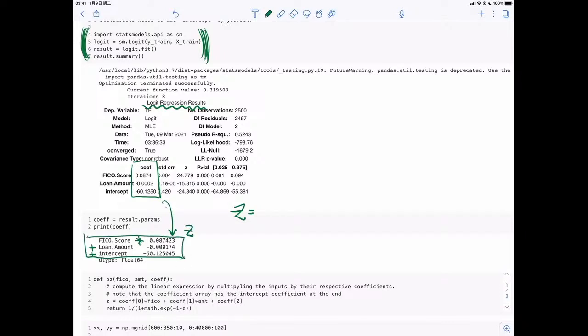That is the Z value. Z equals FICO score times 0.087 plus this value times the other feature. Basically it's like this. So there's a Z value.